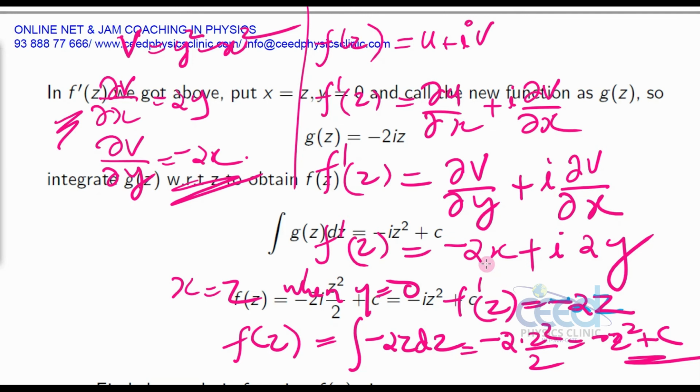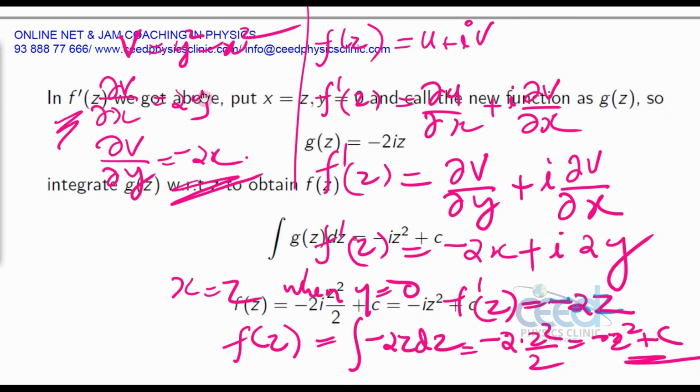Oh, here is the problem. ∂v/∂y is equal to minus 2y, right? ∂v/∂x is minus 2x. So here the result is 2x minus 2x, and this is 2y, right?